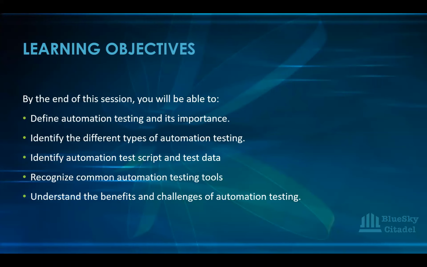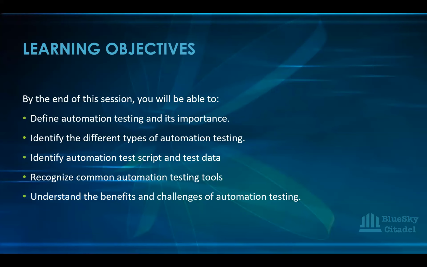By the end of the session, you will be able to define automation testing and its importance. You'll be able to identify the different types of automation testing, identify automation test scripts and test data, recognize common automation testing tools, and understand the benefits and challenges of automation testing.